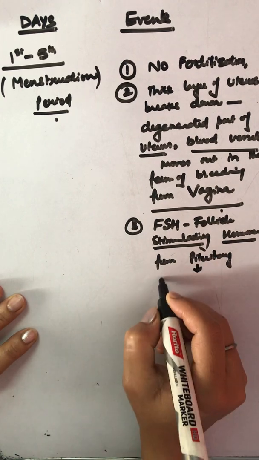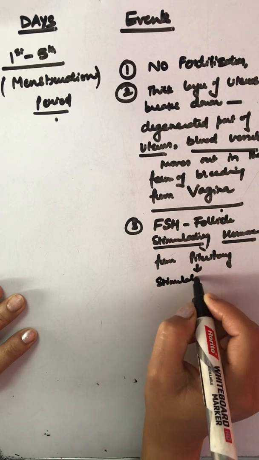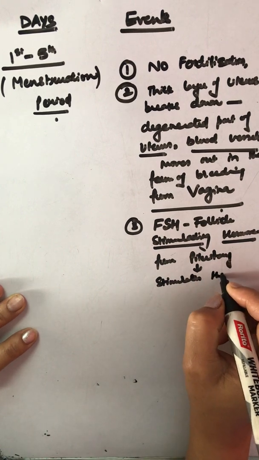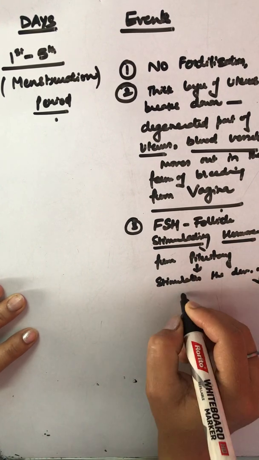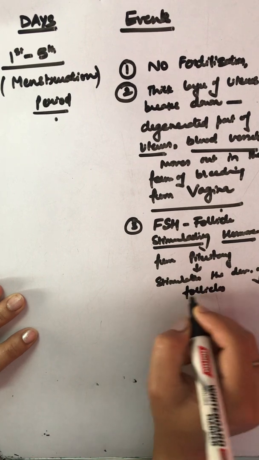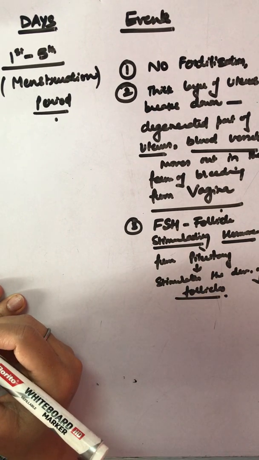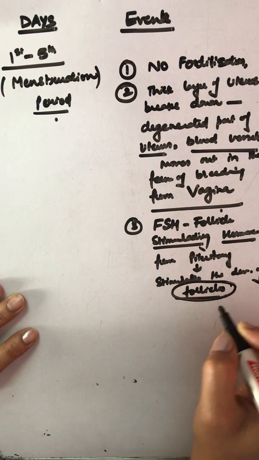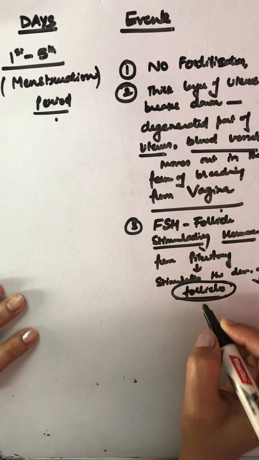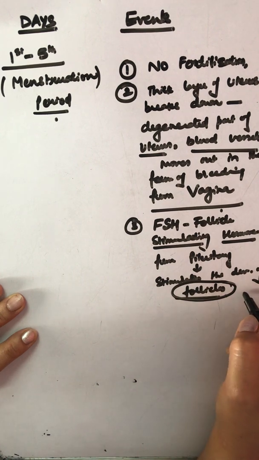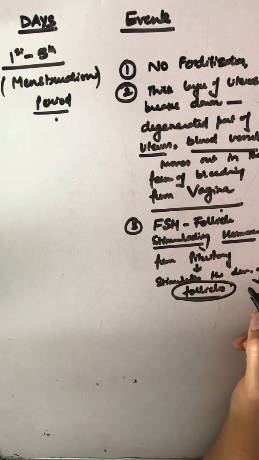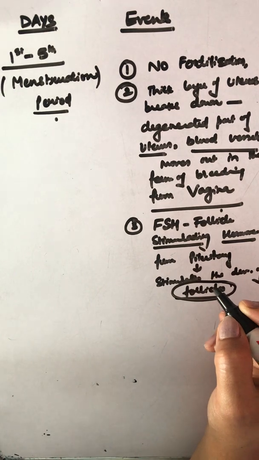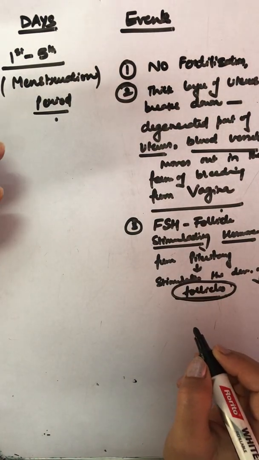It stimulates the development of follicles. Right? What it does in this follicular development is that it will develop primary oocyte into primary follicle. Means the further process of formation of ova starts.